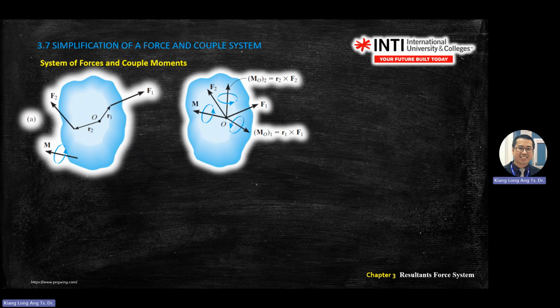What is the direction of the moment? Use your right hand rule. So the direction of this one with the D here, F, D here, it will create anti-clockwise direction.